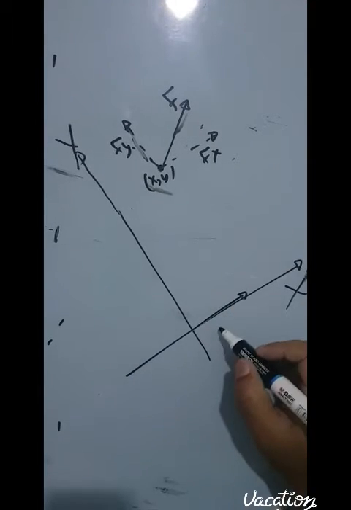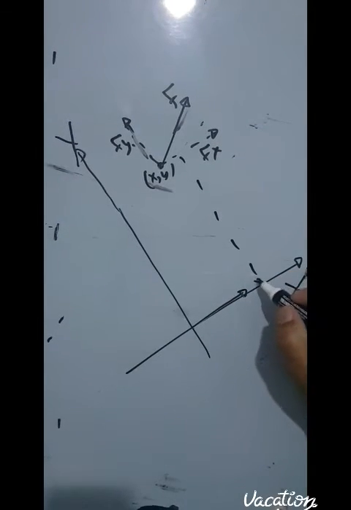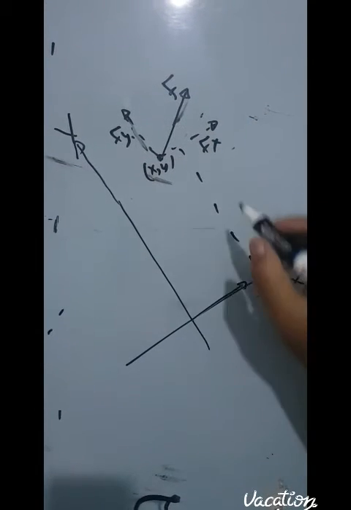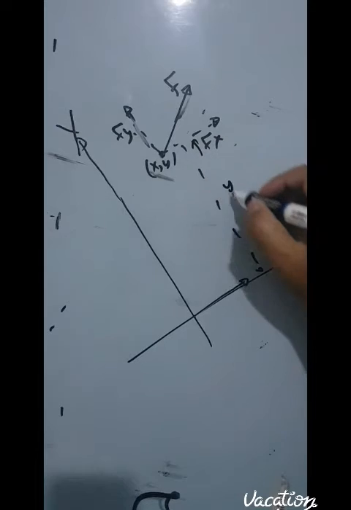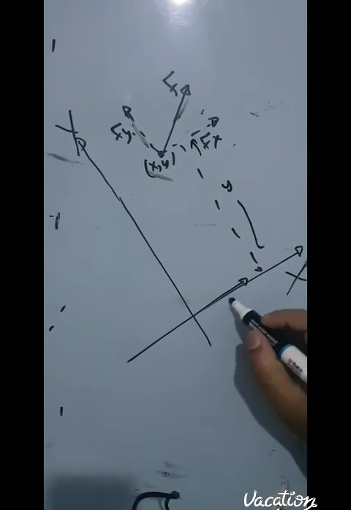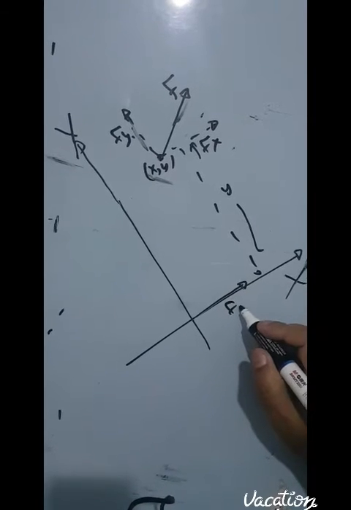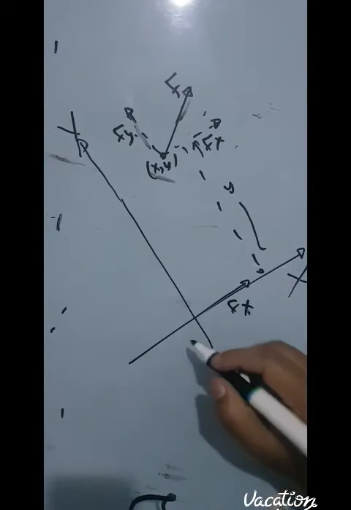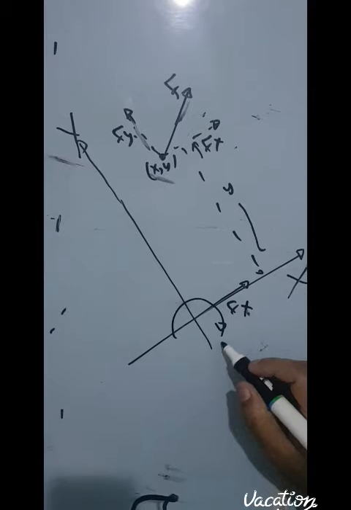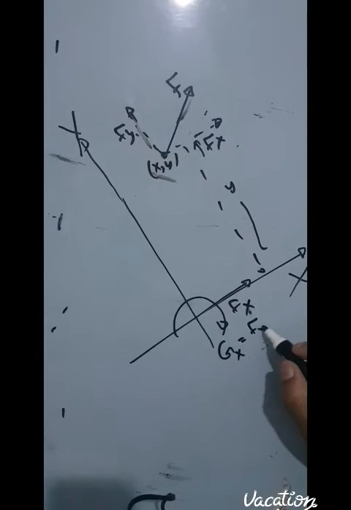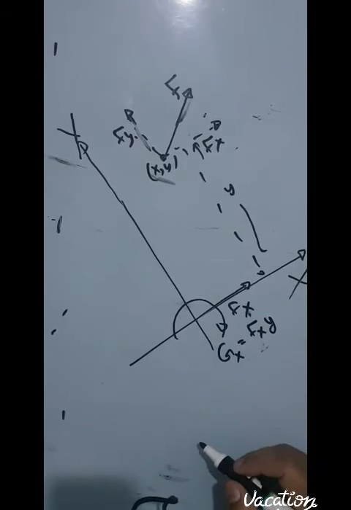You know I can do it, but you have to introduce a couple. So what is the distance from here to here? This is y. Y is the distance. So I can write Fy here, Fx here, but I have to introduce a couple. Let's say this is Gx, which is equal to Fx times y, right?